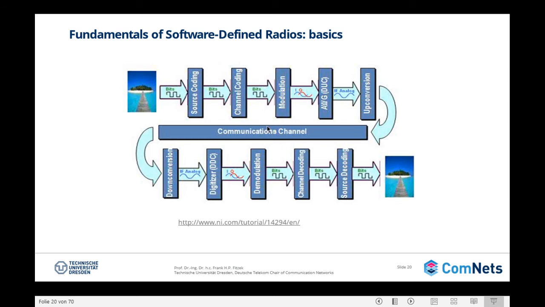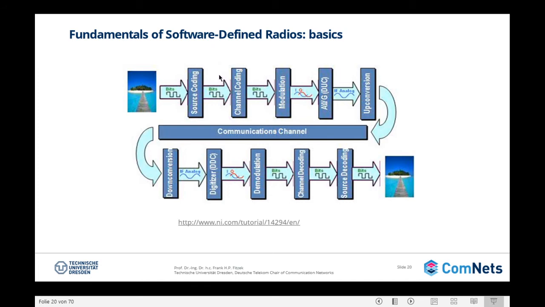Basically, we have to transform the image into bits. Then these bits are going to pass through a phase called source coding, which is going to provide us another bit sequence as an output.